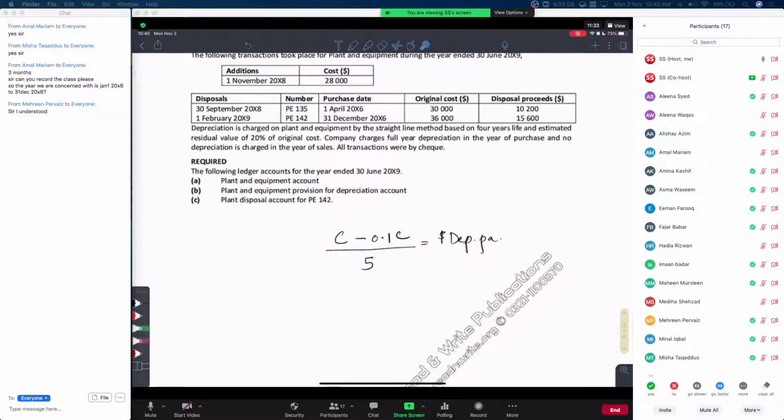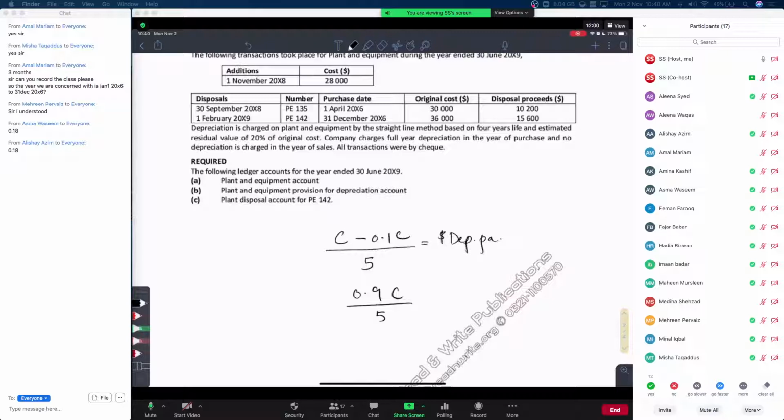So how much does it come to? If you want to simplify it, it will be 0.9 C over 5, right? And how much is 0.9 over 5? Can anybody calculate this? 0.9 over 5, 0.18.